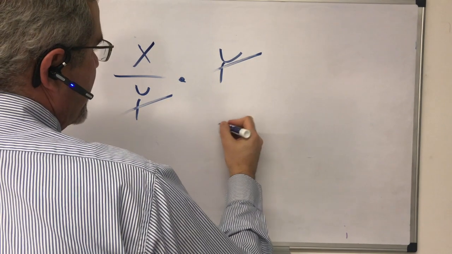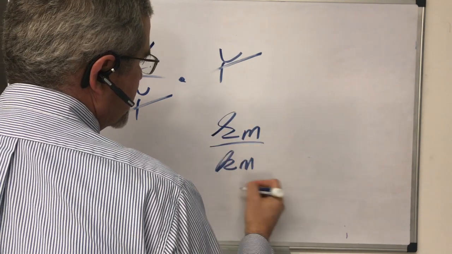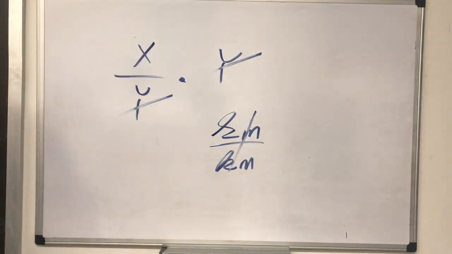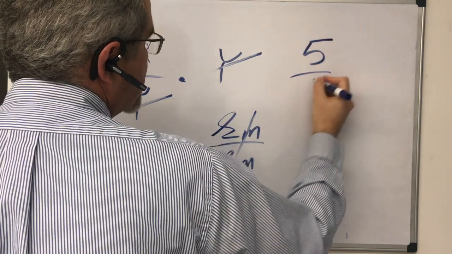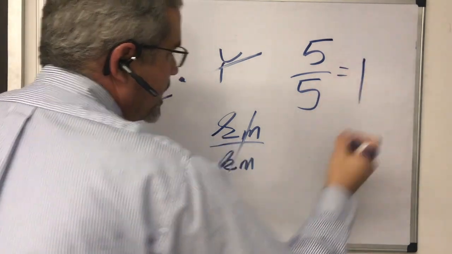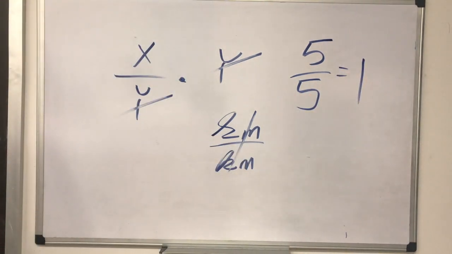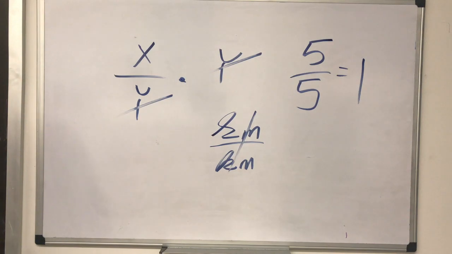If I have kilometers over kilometers, I can cancel those out. The other thing you need to know is that if I have a fraction that's equal to 1, I can multiply it by anything without changing that thing. So I'm looking for ways to cancel out units by multiplying things that are equal to 1.